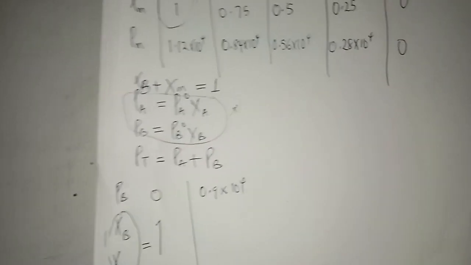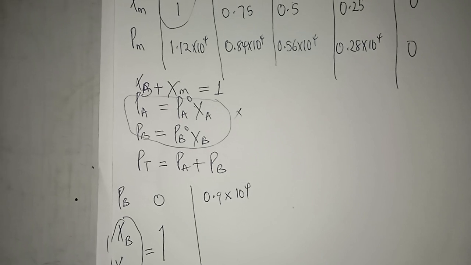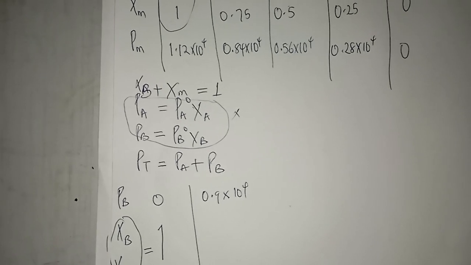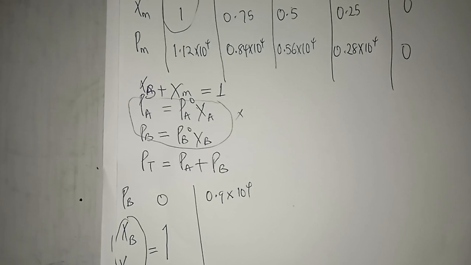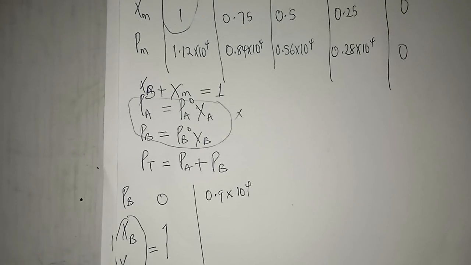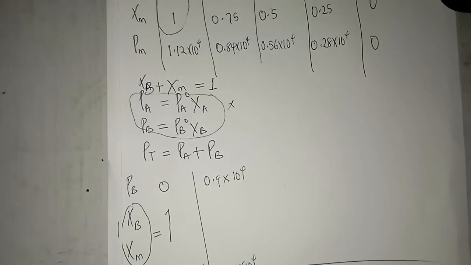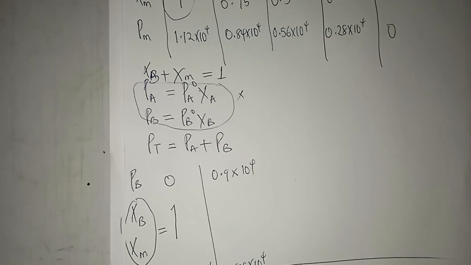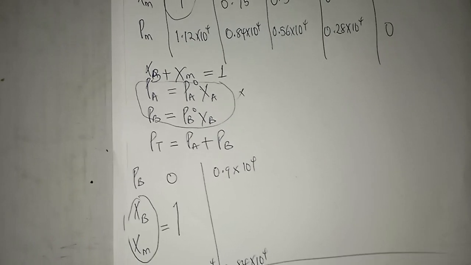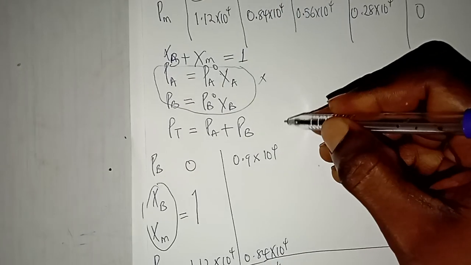So when you do 0.9 times 10 raised to power 4 plus 0.84 times 10 raised to power 4, you have 17,400, which is the same as 1.7 times 10 raised to power 4.